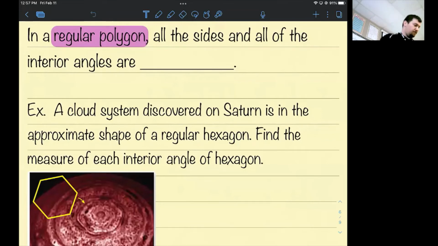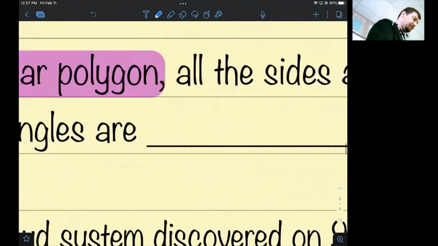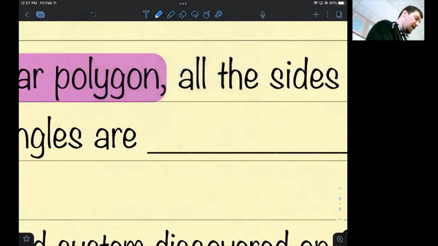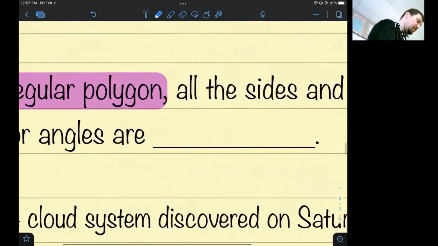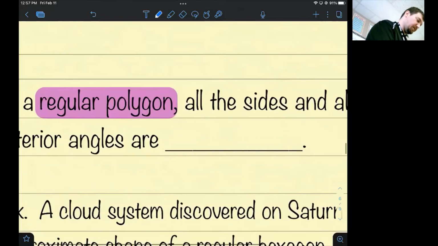All right, so in a regular polygon, all the sides and all of the interior angles are congruent. In a regular polygon, all the sides and all the interior angles are congruent. All the angles are congruent.